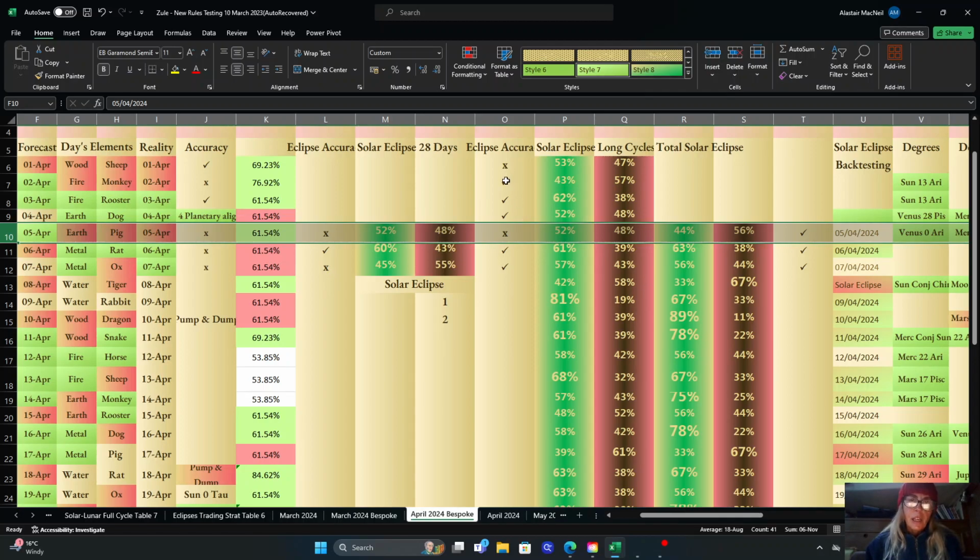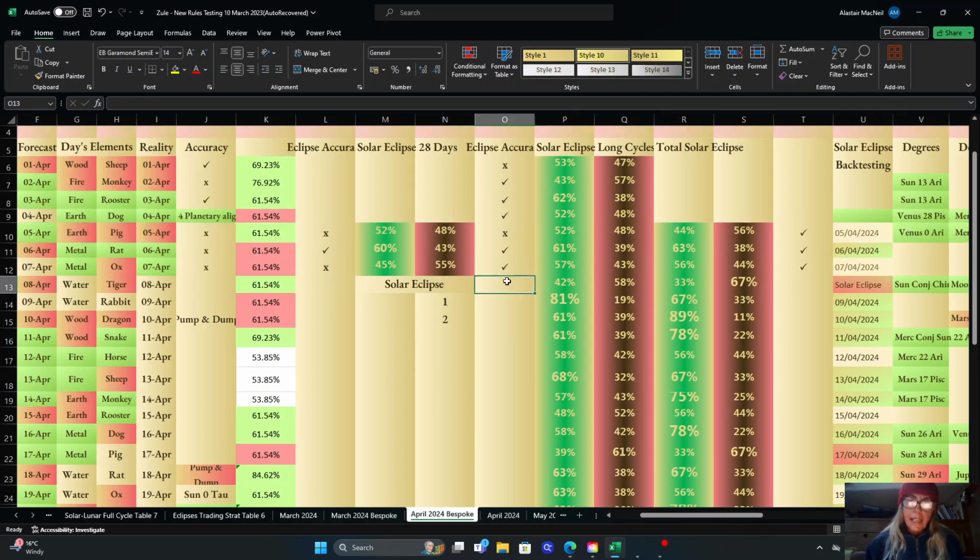So these are 1, 2, 3, 4, 5. 5 correct against 2 wrong. What is the percentage of that? 5 out of 7. 71% accuracy so far, not bad for the first few days. Again, this one is predicting a red candle for tomorrow, 58% against 42%.